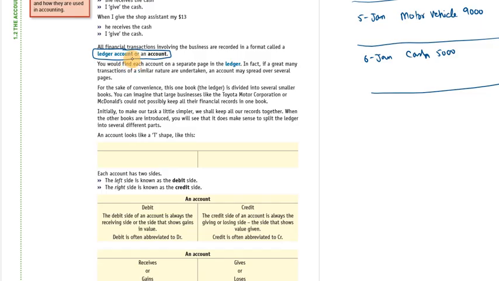That particular format is also called the ledger or an account, or in simple words it is normally known as a T account, because the format of the account looks like the alphabet T. That's why this account is also called a T account.